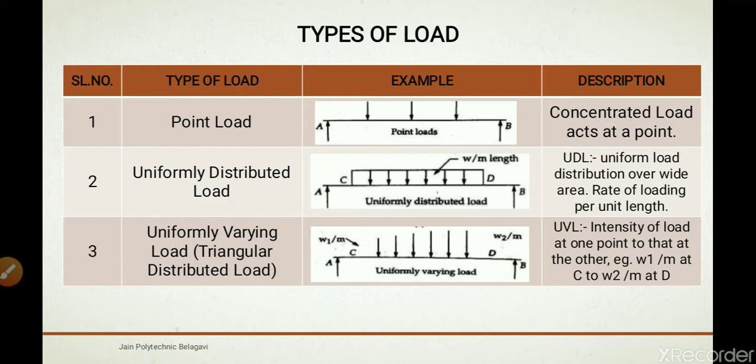It means per meter length so much of a load is going to act. It means if it is acting for the whole length of the beam, you need to multiply with that particular span, because the uniformly distributed load will be given with a uniform rate, that is per meter length.